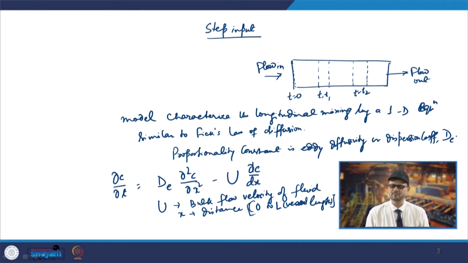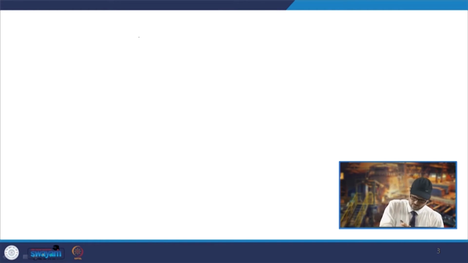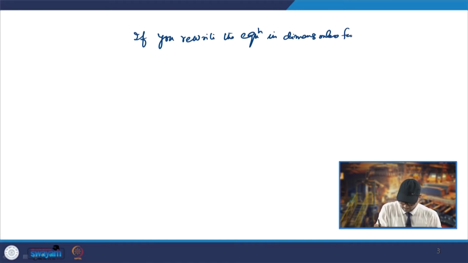If you try to further write this equation in dimensionless form, t should be written in terms of theta, and similarly x will be replaced by the term y, where y is x divided by the characteristic length, the length of the vessel, L. So, you can rewrite it in dimensionless form: dou c by dou theta, where theta is the dimensionless time, equals dE upon UL times dou square c by dou y square minus dou c by dou y.